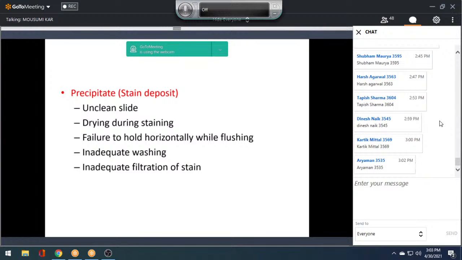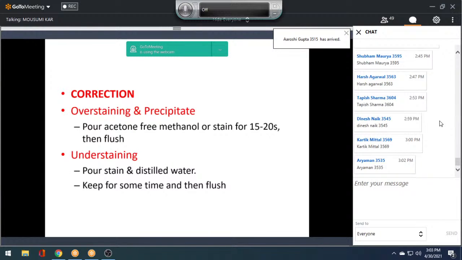Stain deposits form if your slide is not good, or if it got dried, or if it got tilted and your stain fell off, if you didn't wash properly, or you didn't filter your stain particles properly. Correction: if it is overstained, what you have to do is just pour your stain.